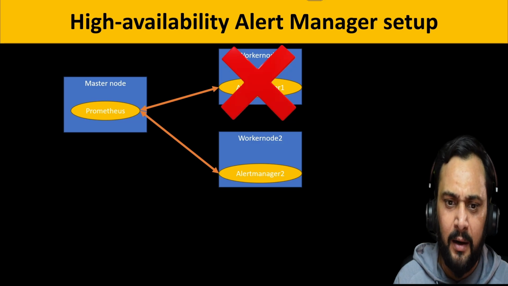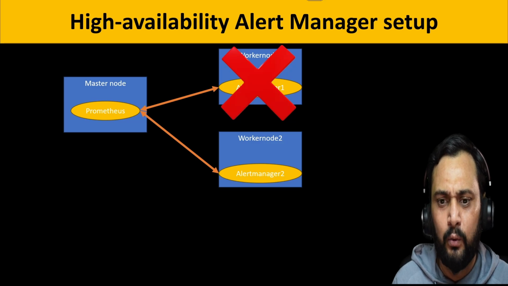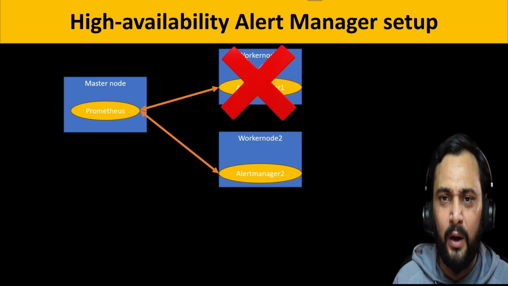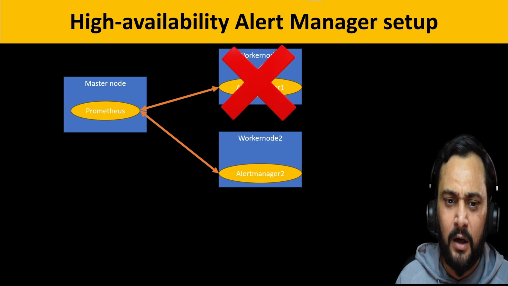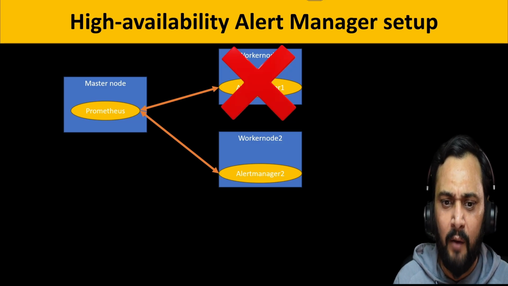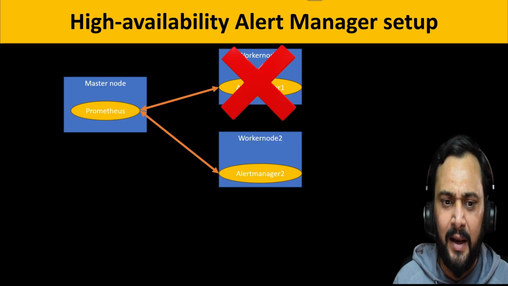Please bear in mind that ideally we should create multiple Alert Manager instances on different nodes. If we create multiple Alert Managers on a single node, and that single node goes down, then there will be no benefit of HA of Alert Manager, right? Alert Manager allows us to run in a high availability configuration with multiple instances by creating a cluster.